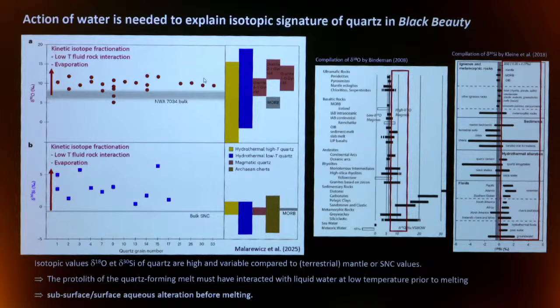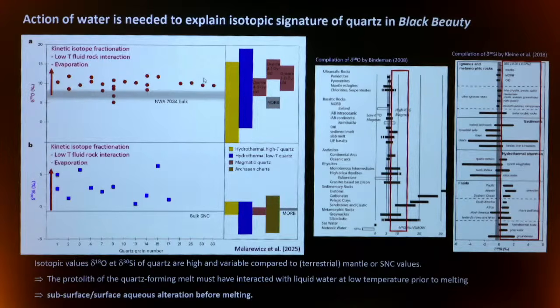So they are compared here to a selection of terrestrial rocks, but also to the bulk composition of SNC meteorites, or the bulk composition of the terrestrial mantle indicated by the MORB here. On the right, you have a compilation of data for oxygen in the middle, showing you that most data are clustered around 5 per mil.